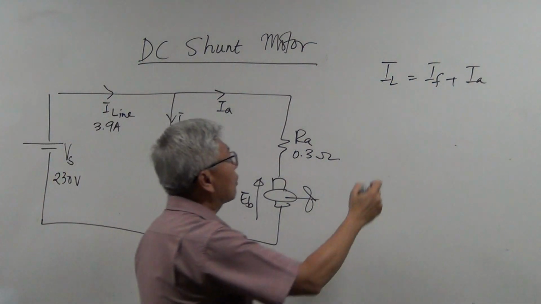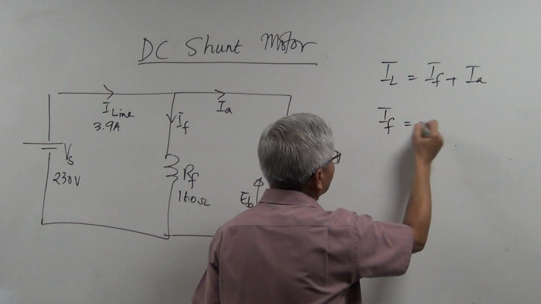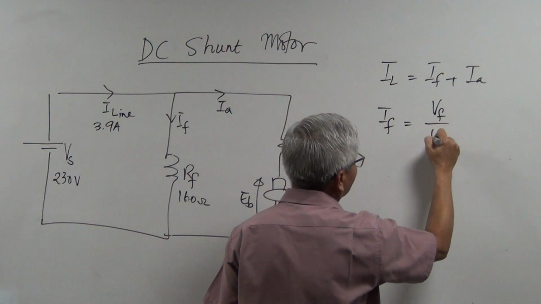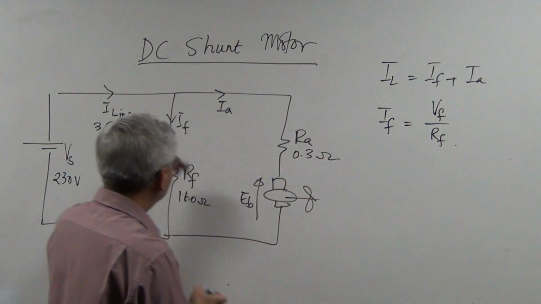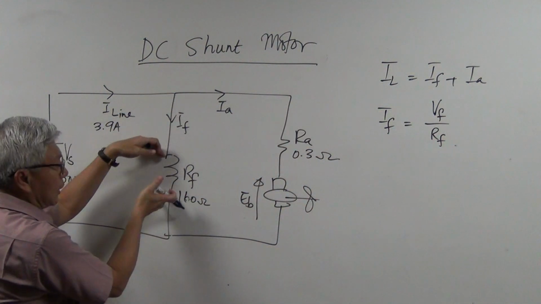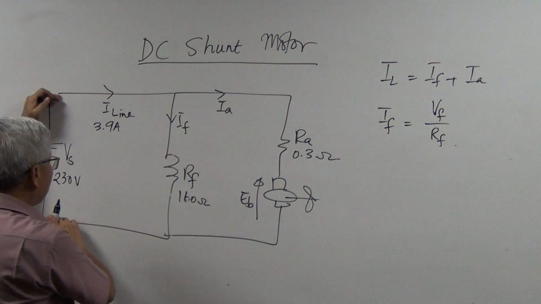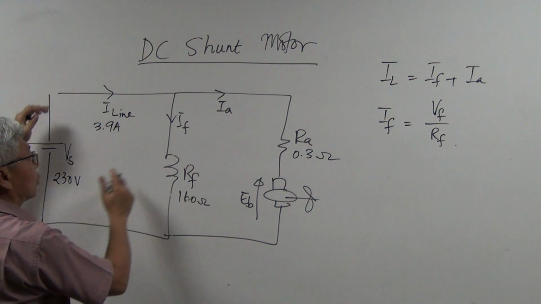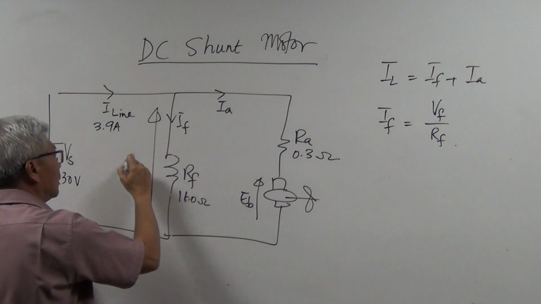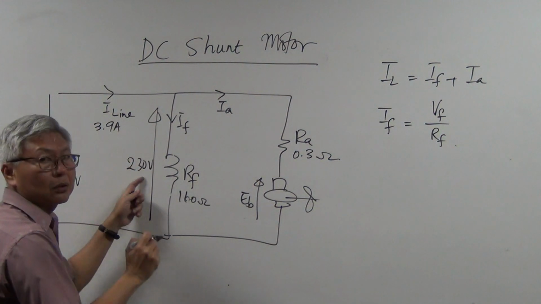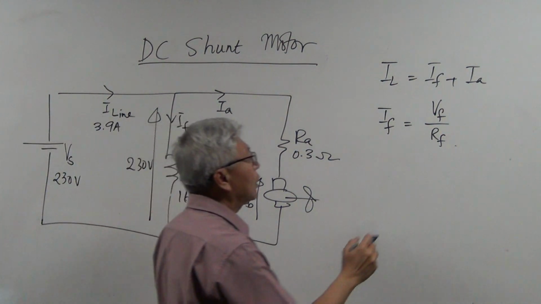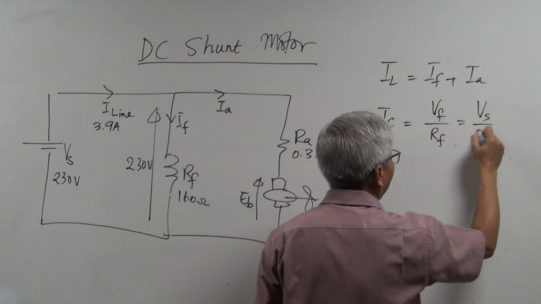Okay? Now let's calculate IF. IF is equal to VF divided by RF. Am I right? It's the voltage here divided by the resistance. Now this is a parallel circuit. This is 230 volt here. So what is the voltage here? The voltage here is also 230 volt. So it's therefore equal to VS divided by RF.